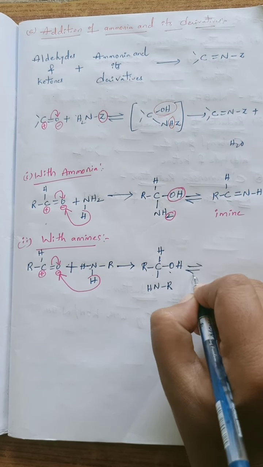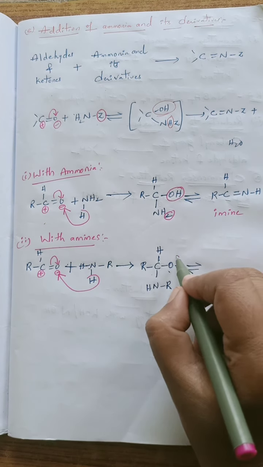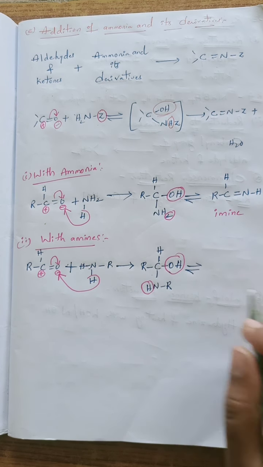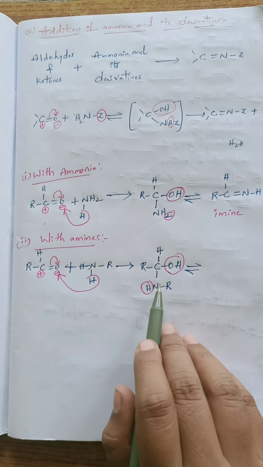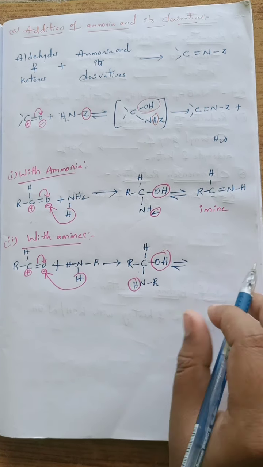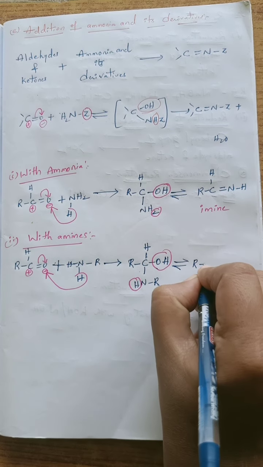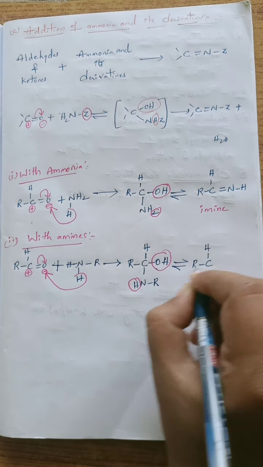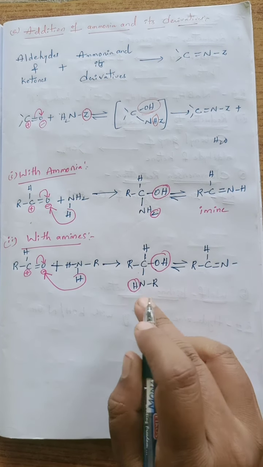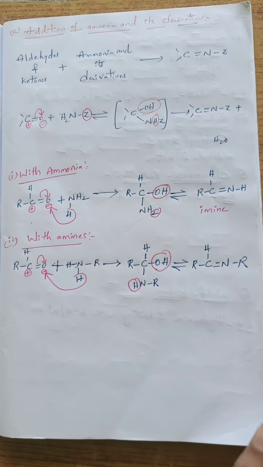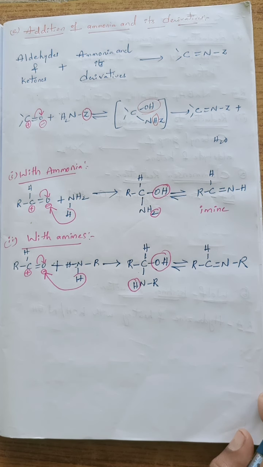Okay. Now in the next step what happens? Removal of water. OH from the carbon atom and hydrogen from the nitrogen eliminate as H2O. Then between carbon and nitrogen a double bond is created. So then we will get here R, C, H. Now between carbon and nitrogen double bond N. To this N, an R group is attached. Okay, then it is known as a substituted imine.